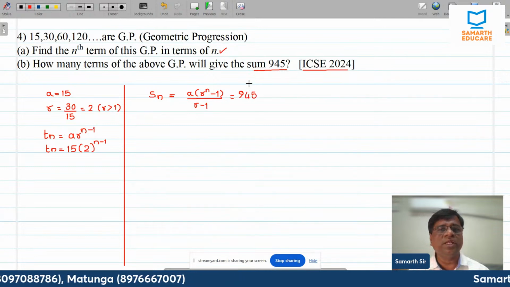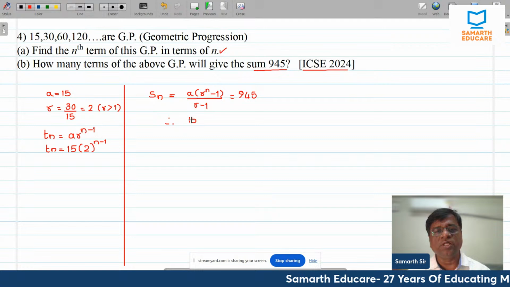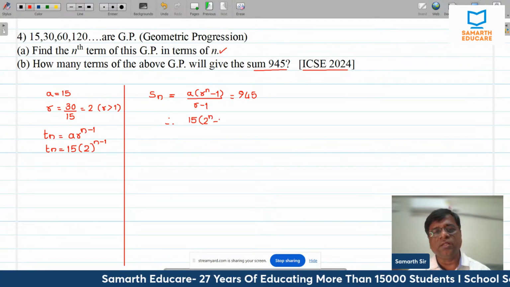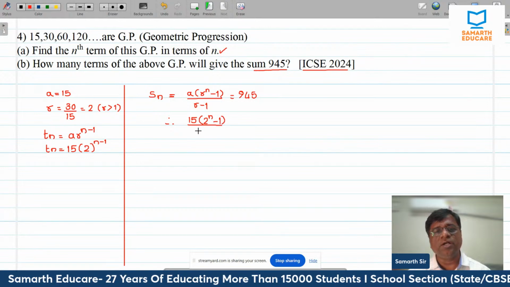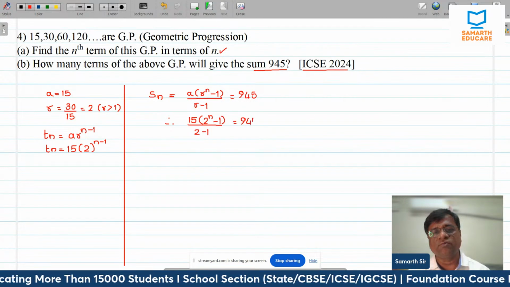We need to find out how many terms are there. The value of a here is 15, r value is 2, so 15 into 2 raised to n minus 1 divided by 2 minus 1 is equal to 945.